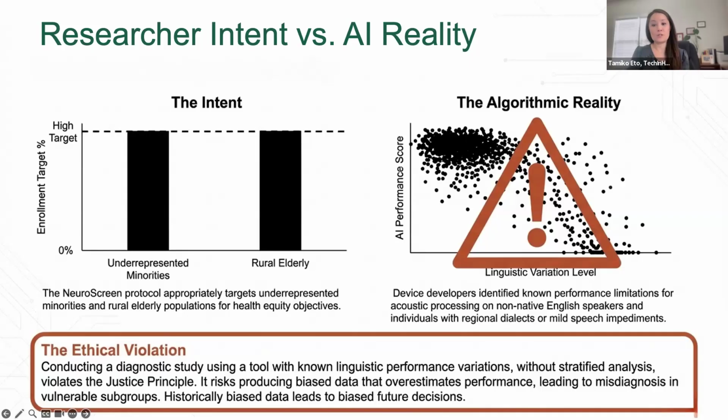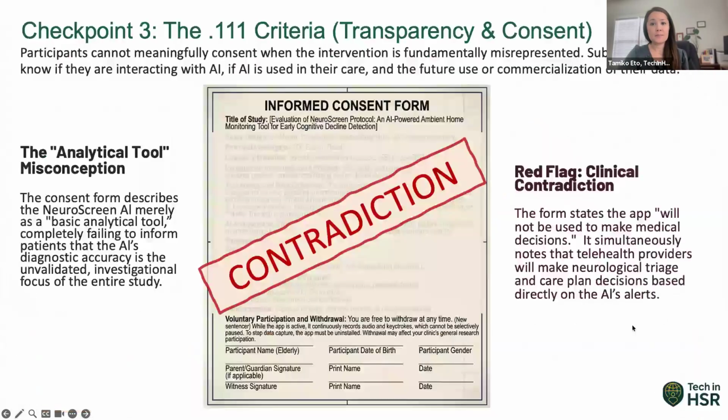The question of whether the human is meaningfully overseeing the AI, looking at the output, the justification for that output, and the data used for it, or are they just rubber stamping it? Right? That's a real question. And the NeuroScreen protocol doesn't actually address that accurately.